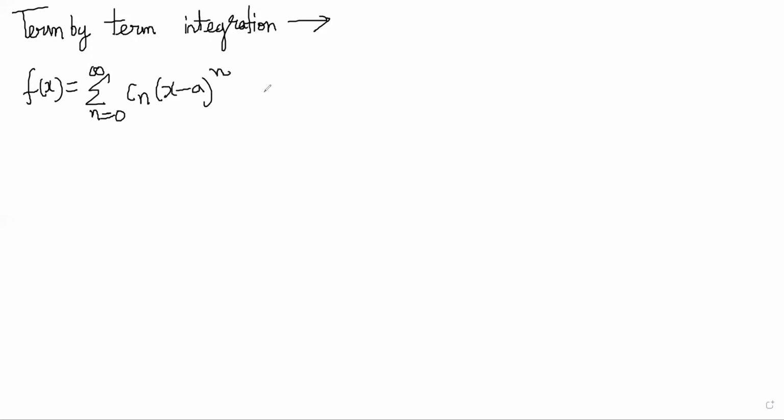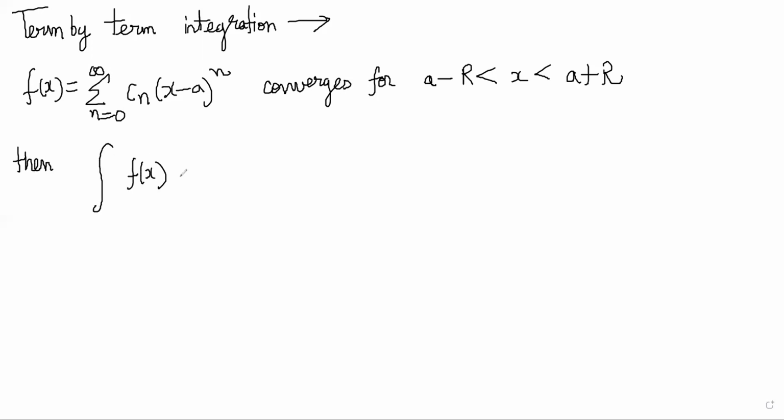Term by term integration. So again, I will state the theorem without proof. So suppose f of x is equal to summation of n is equal to 0 to infinity c_n (x minus a) power n converges for a minus r is less than x is less than a plus r, then integral of f of x dx, which is equal to, we integrate each term.